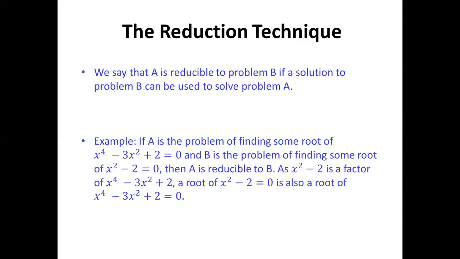If I give an example, if A is the problem of finding some root of x to the power 4 minus 3x squared plus 2 equal to 0, and B is the problem of finding some root of x squared minus 2 equal to 0, then A is reducible to B. As x squared minus 2 is a factor of x to the power 4 minus 3x squared plus 2, a root of x squared minus 2 equal to 0 is always a root of x to the power 4 minus 3x squared plus 2 equal to 0.